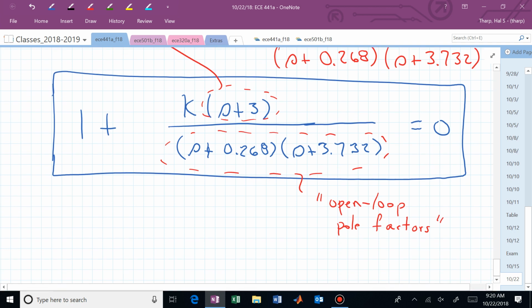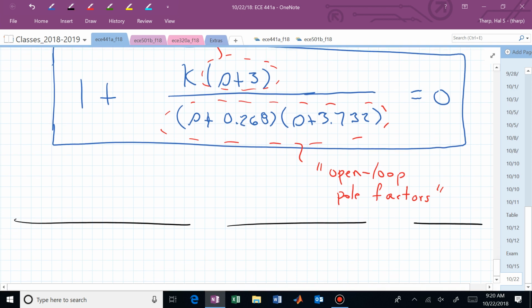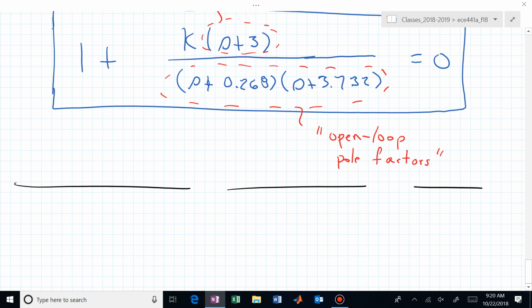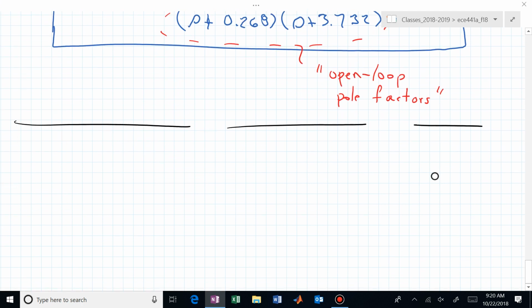So now let's look at another example where this might actually arise. So here's an example.